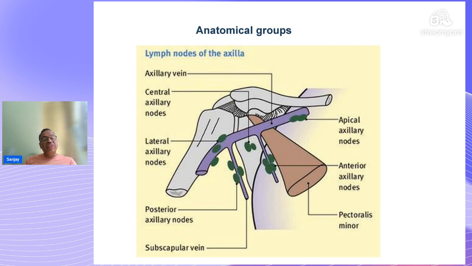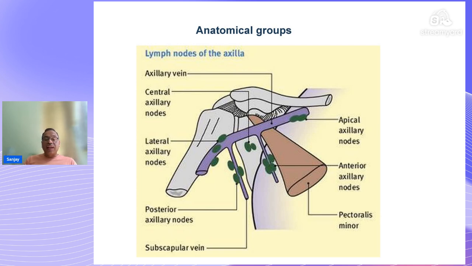The apical group is at the convergence of the first rib, the clavicle, and the scapular bone, whereas the posterior group is situated just posterior to the posterior axillary fold. The lateral group of axillary lymph nodes lies along the medial part of the humerus, near the intertubercular sulcus.